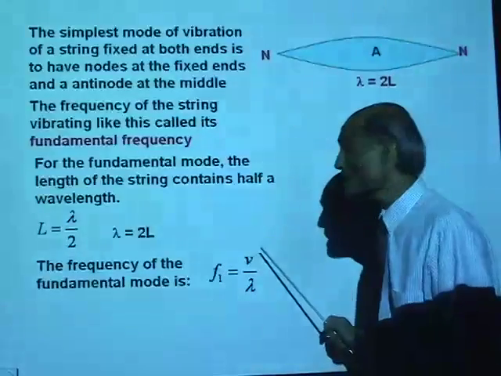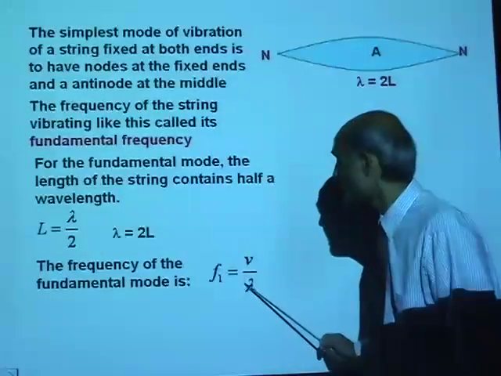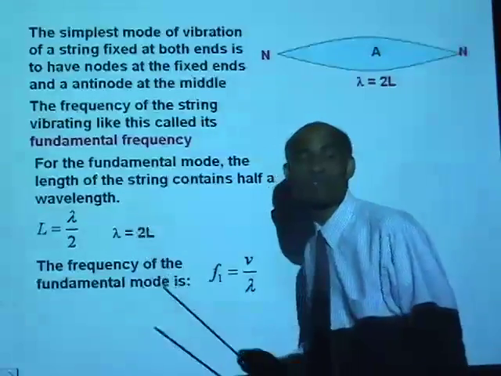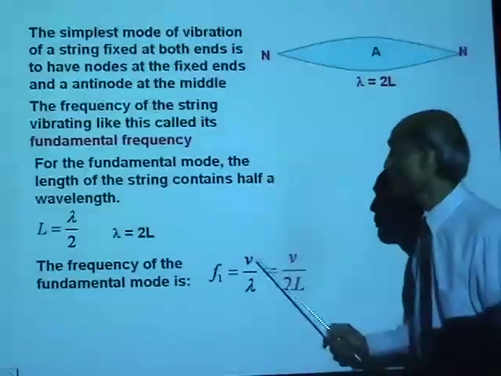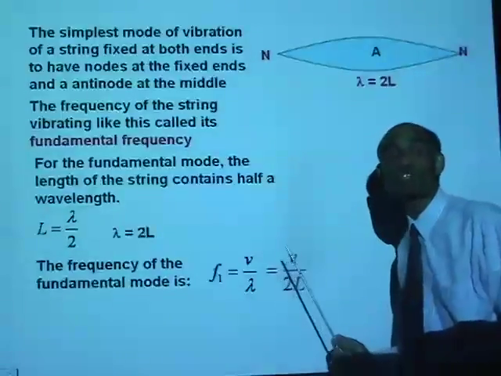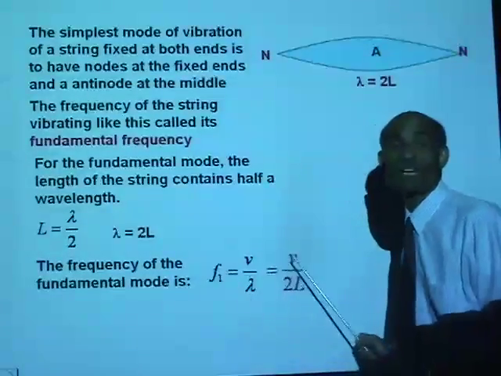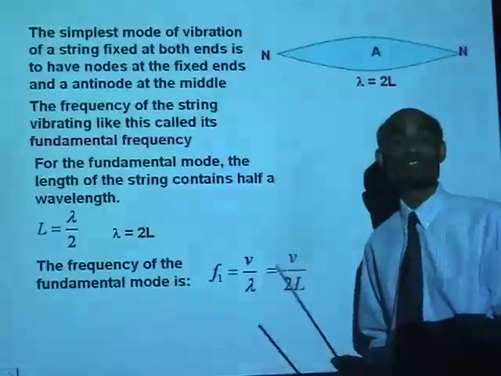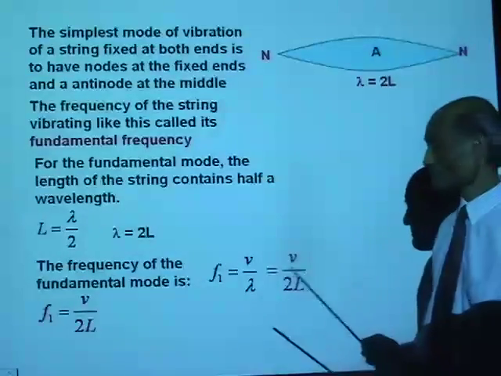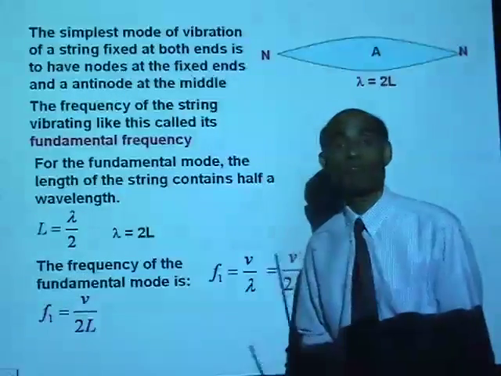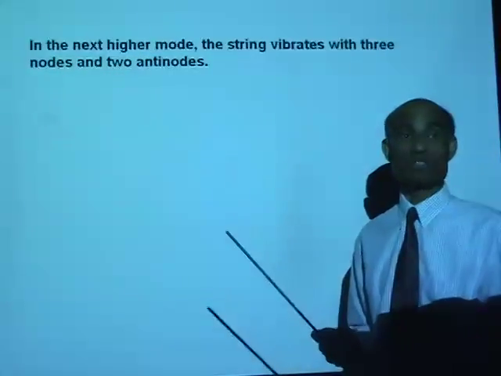So, F1 equals V over lambda, and for the fundamental mode, lambda equals 2L, and therefore, this is the frequency of the fundamental mode of vibration. F1 equals V over 2L. Alright, don't forget this. This is the frequency of the fundamental mode of vibration.